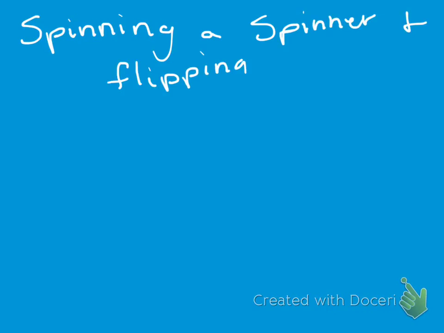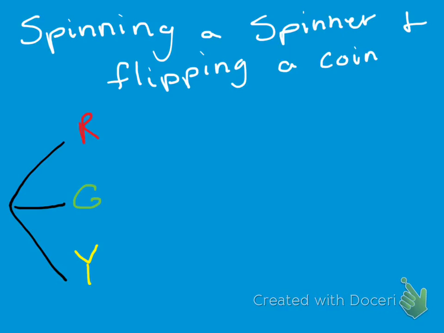Spinning a spinner and flipping a coin. My spinner has a red, a green, and a yellow. To make my tree diagram, I have my line, and I'm spinning the spinner first, and then flipping the coin.